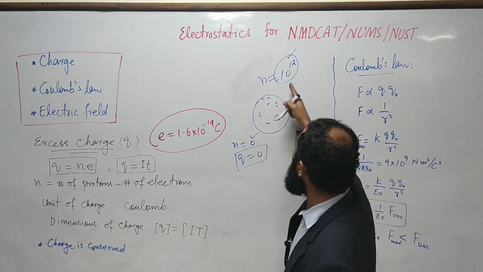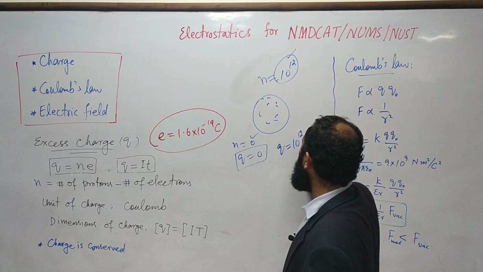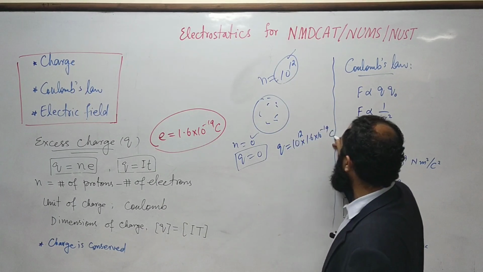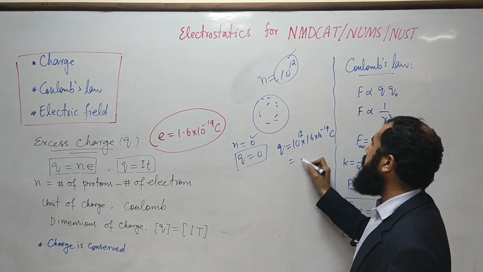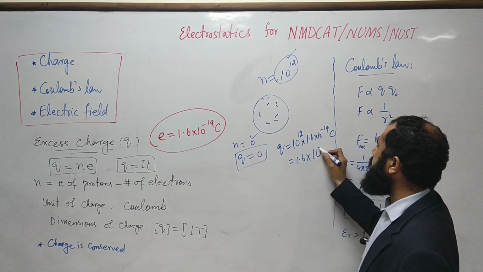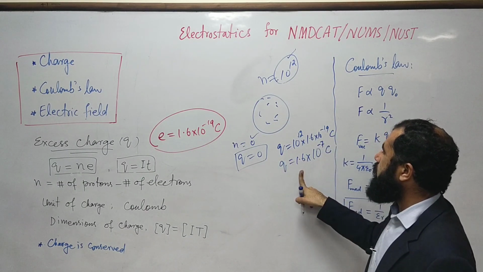So N is 10 raised to the power 12, Q is 10 raised to the power 12 multiplied by 1.6 × 10⁻¹⁹ coulombs, and this way I get 1.6 × 10 raised to the power 12 minus 19, we get minus 7. So this is the charge in Coulomb.